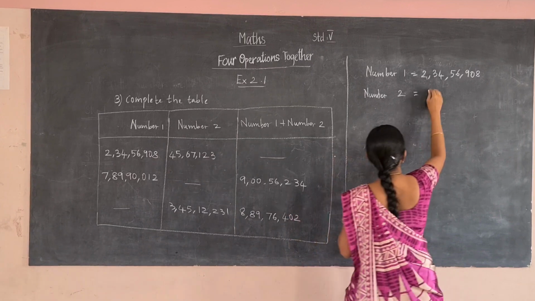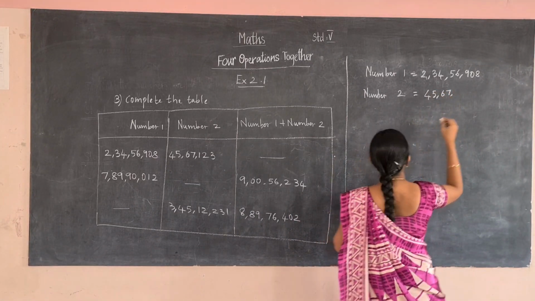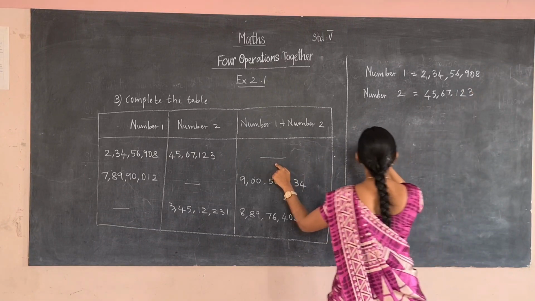Number 2 is 45 lakhs 67,123. Now we are going to find number 1 plus number 2.